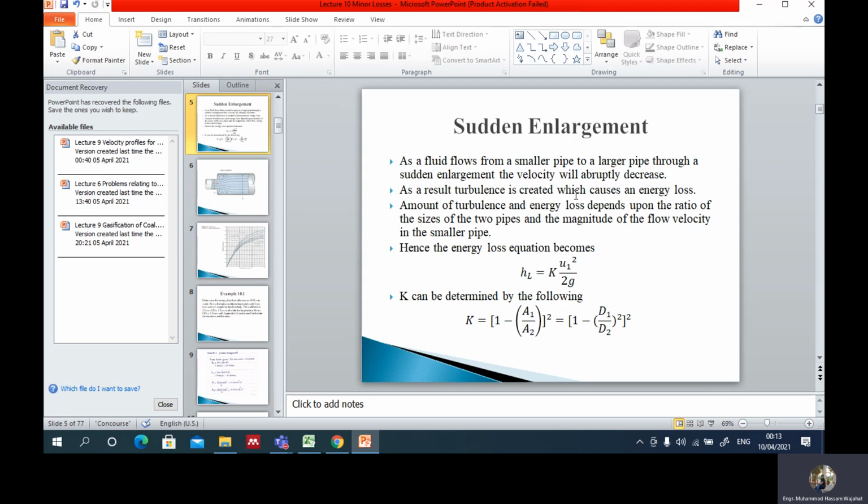That is, the determining factor for the turbulence is the velocity of the smaller pipe, because naturally the velocity of the smaller pipe will be greater than the velocity of the larger pipe, and it is the higher velocity which will impact the turbulence.